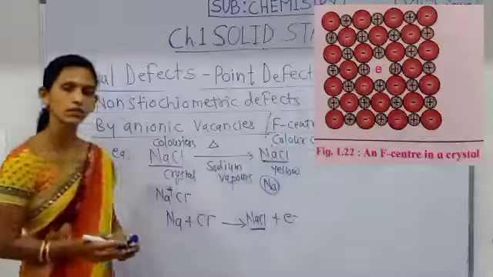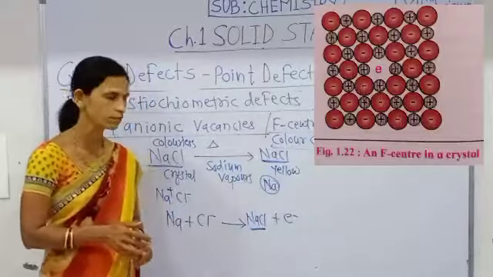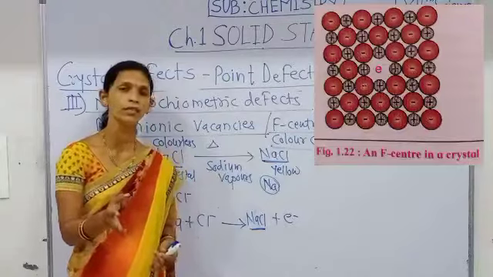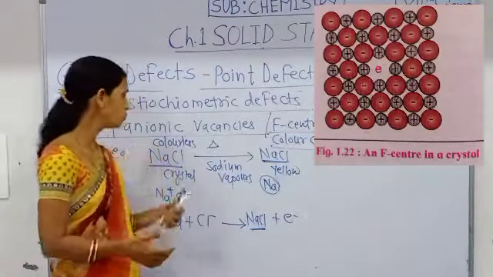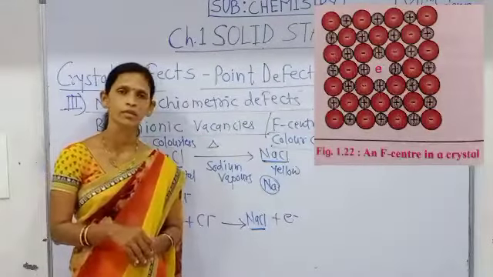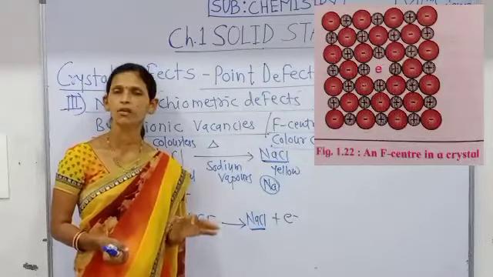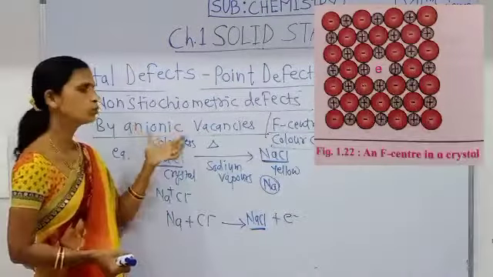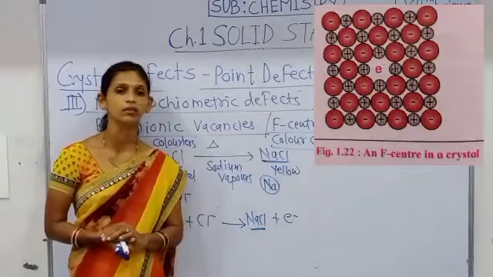That means colorless NaCl crystal changes to yellow when heated in sodium vapors due to the F center defect or color center defect, the defect produced by vacancies due to anions. It is also known as F centers or color centers.